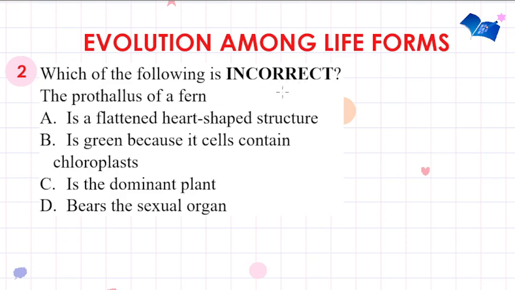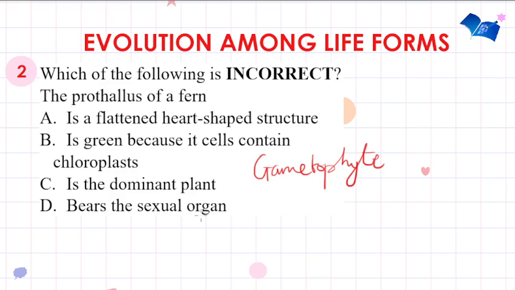The prothallus of a fern is actually the gametophyte of the fern. Anytime you hear gametes, what should come to your head is sexual organ. So therefore it bears the sexual organ. Can you see how I'm eliminating it?